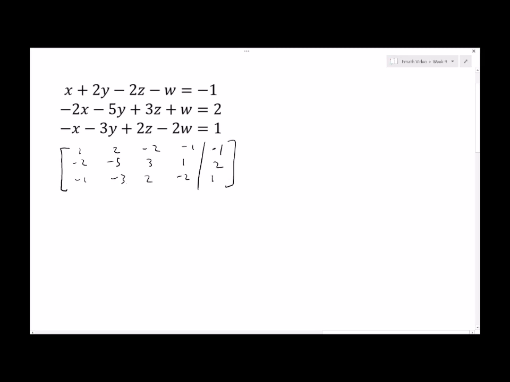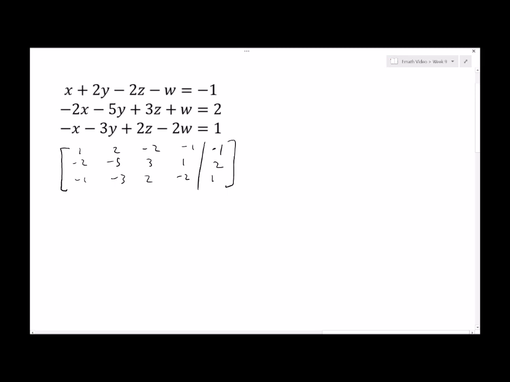Now if you notice, we have fewer rows than we have columns. That means that there's not enough equations to solve this system as a unique solution, but we can still solve it. There's just infinitely many solutions.